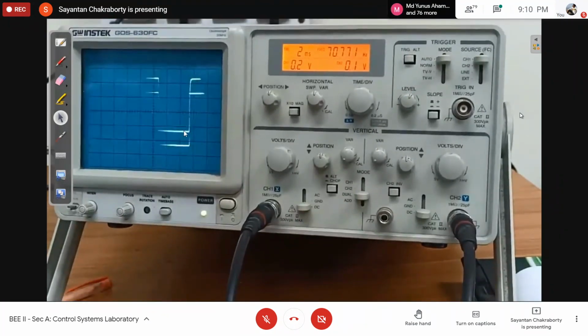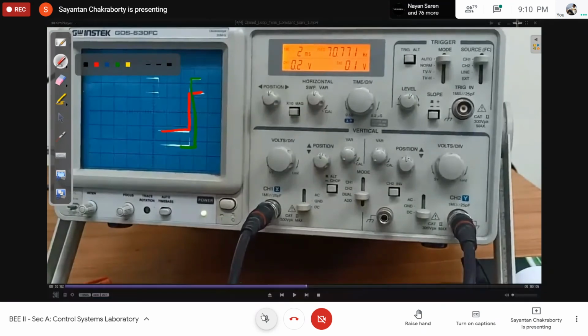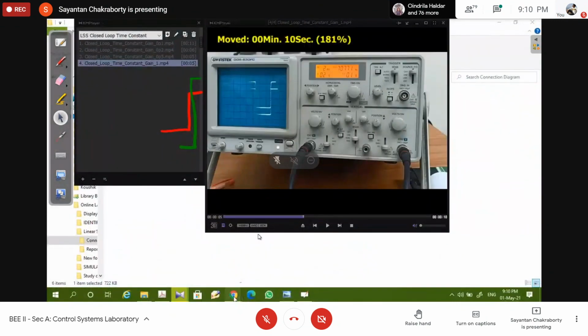Let's stop it here. See, this is the input part, and this is the output part.